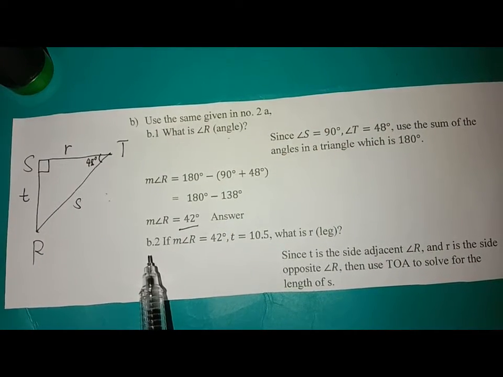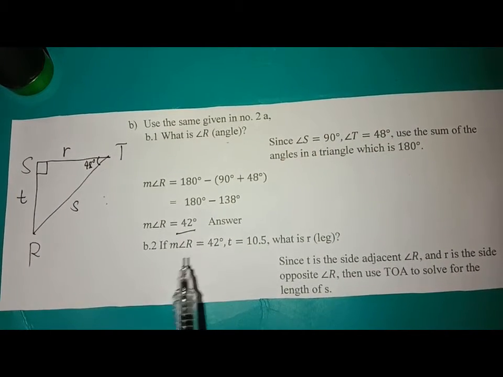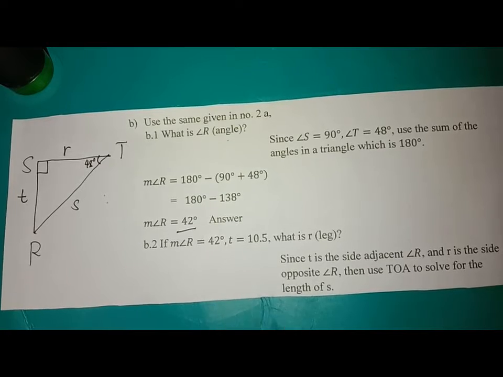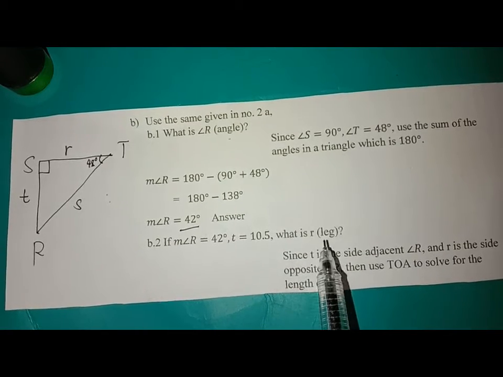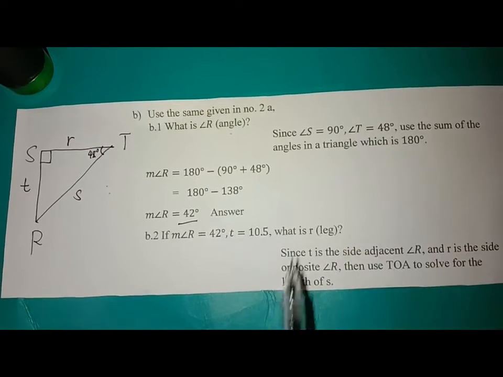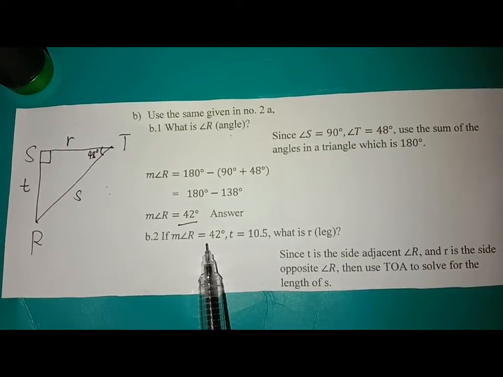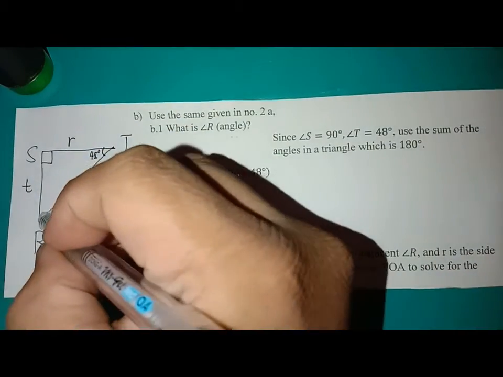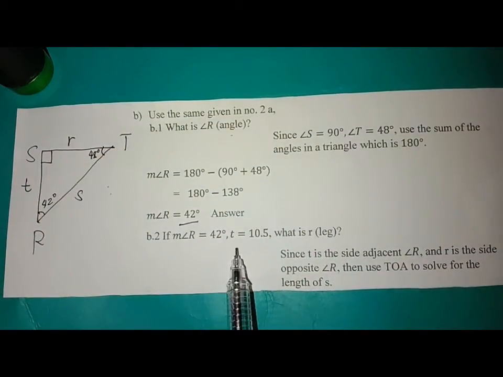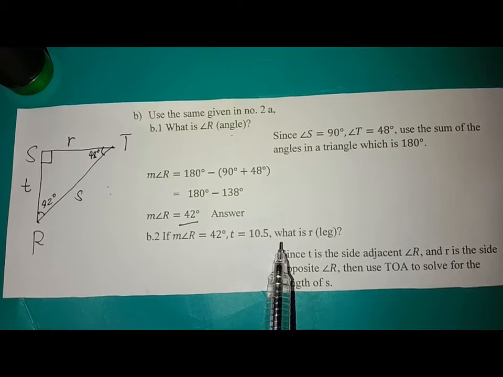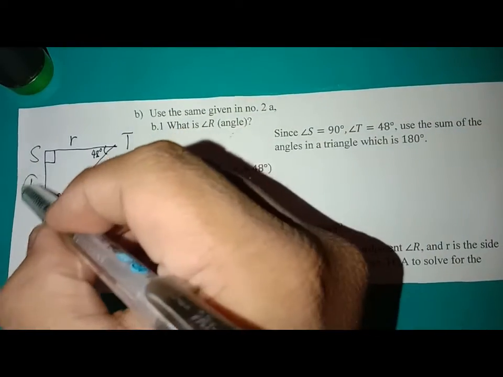Then let's go now to B2. If the measurement of angle R equals 42 degrees, T equals 10.5, what is R? So what we are looking for is R, or the leg. Angle R is 42 degrees, so that is the reference angle. Then T is 10.5.